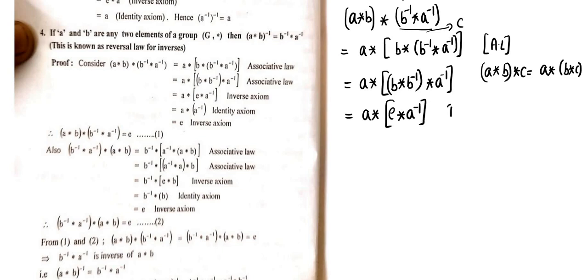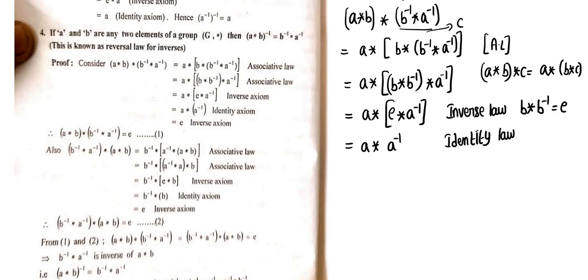We know this is by the inverse law: element * inverse of element equals e. Then a * e * a^-1 is a^-1. This is by the identity law, that is e * any element equals that element.